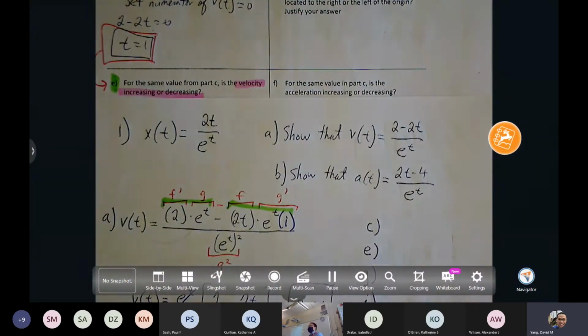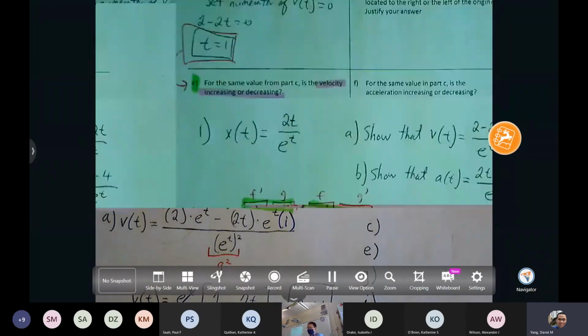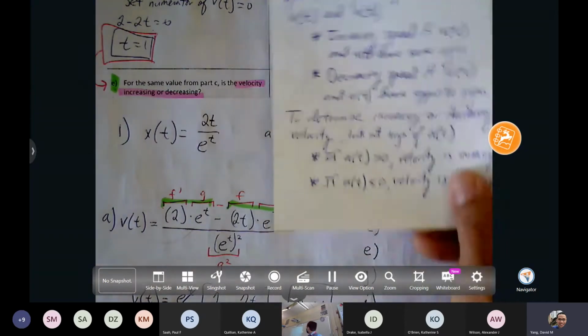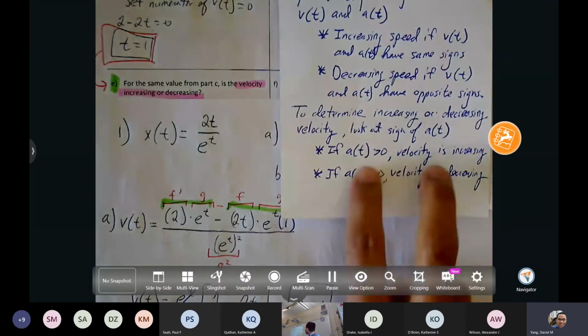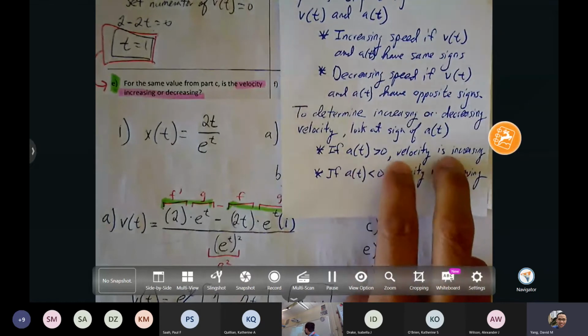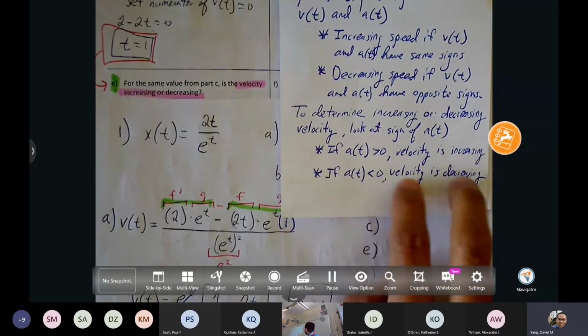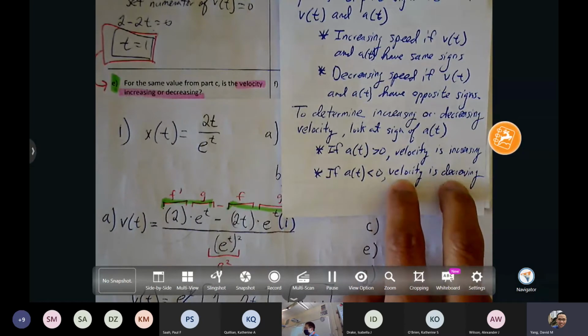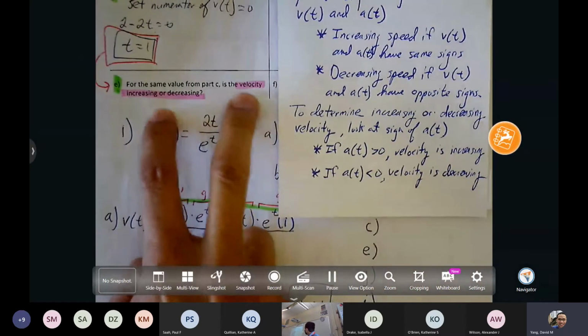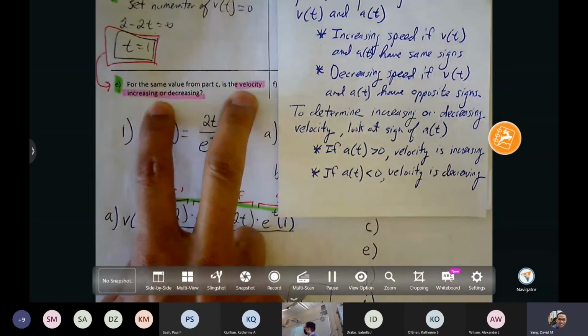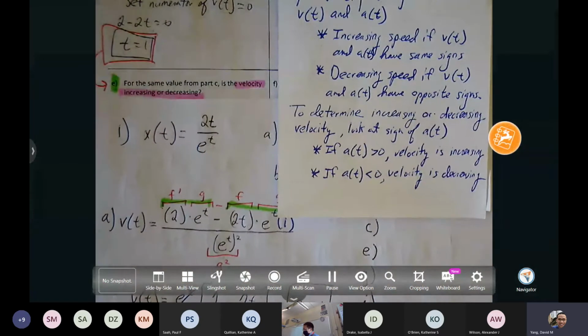Acceleration is a different sign than velocity. That's something else. Here, we're just talking about velocity increase, decrease, so we're going to just look at acceleration. If acceleration is positive, then velocity is increasing. If acceleration is negative, then velocity is decreasing. I want to make sure that we understand those distinctions here.